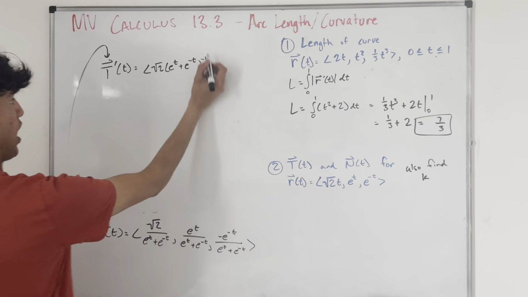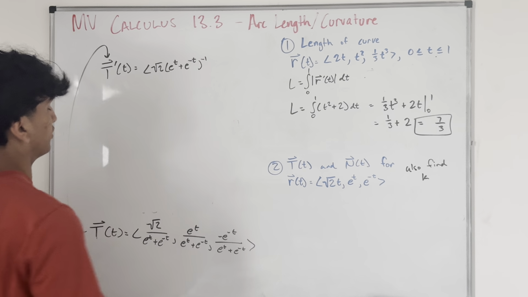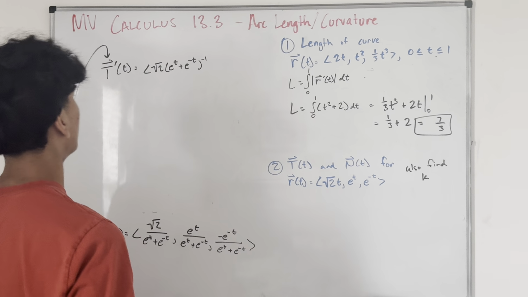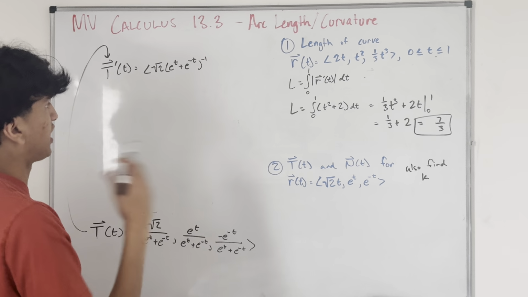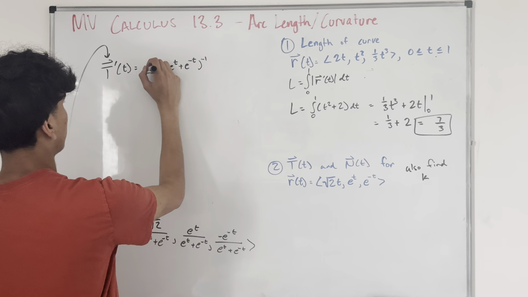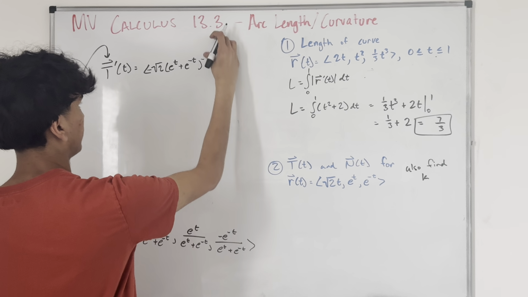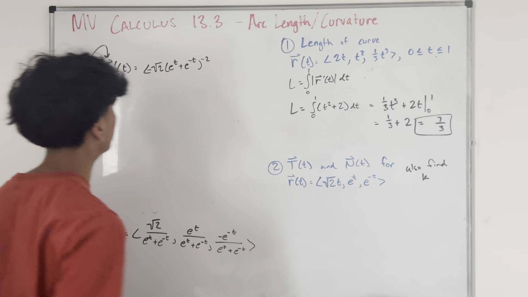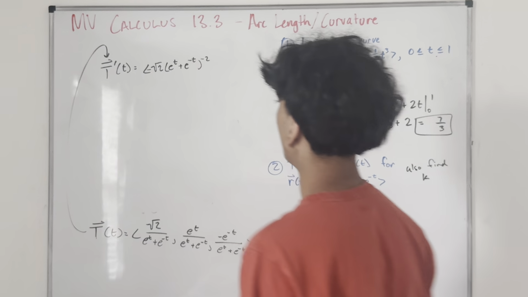So I'll do my power rule. Negative 1 times this stuff, and then to the negative 2, right, when I do my power rule. So I pull out the negative 1 in the front, and then I subtract 1, I get negative 2. And then I take the derivative of the inner.